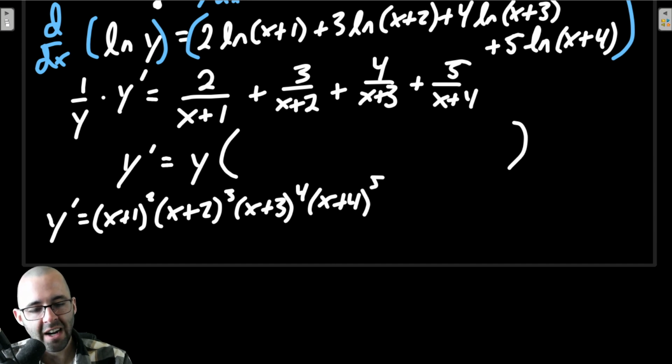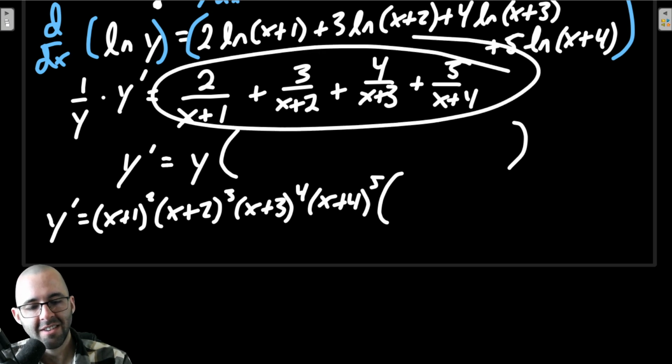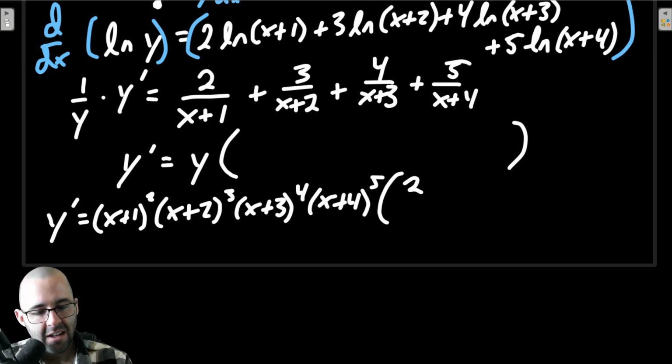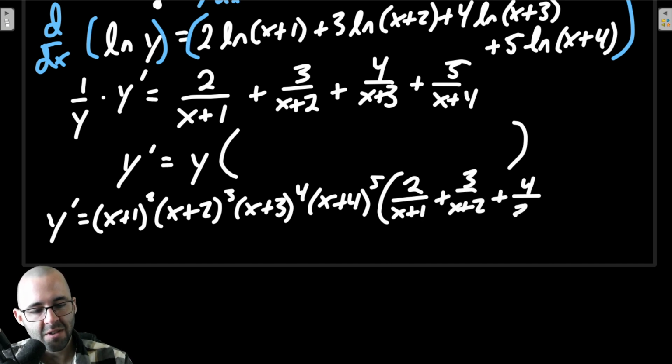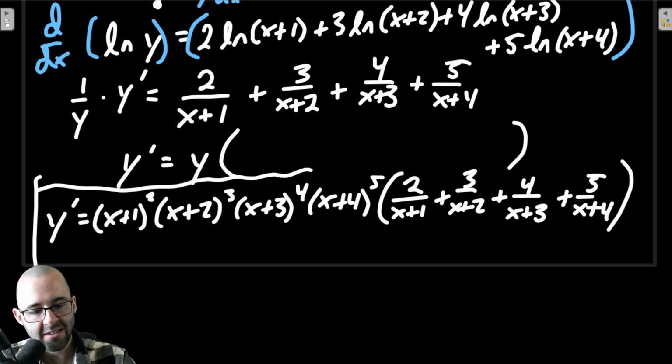That's just our y, times this stuff: 2 over x plus 1 plus 3 over x plus 2 plus 4 over x plus 3 plus 5 over x plus 4. And we're going to leave it just like this. All right, and that's going to be our final answer.